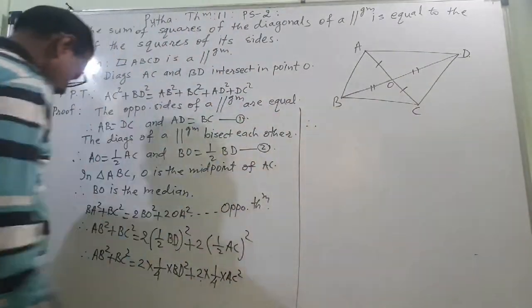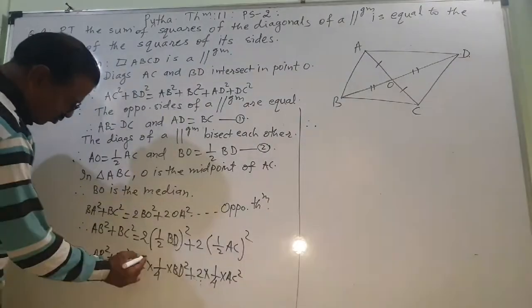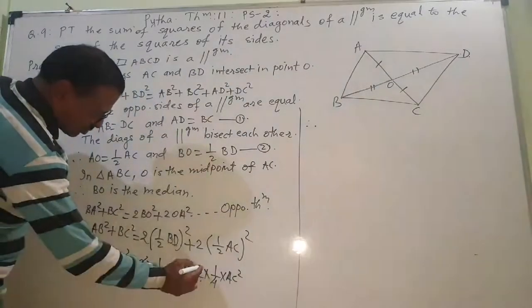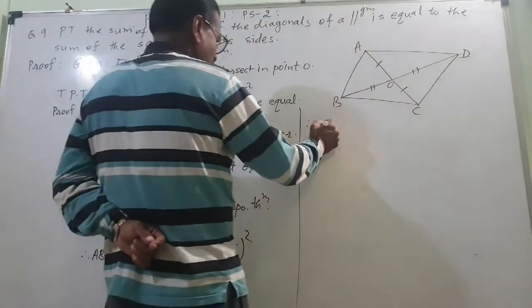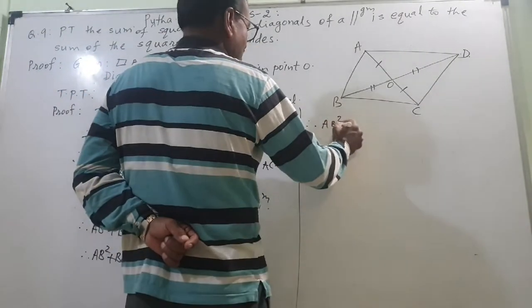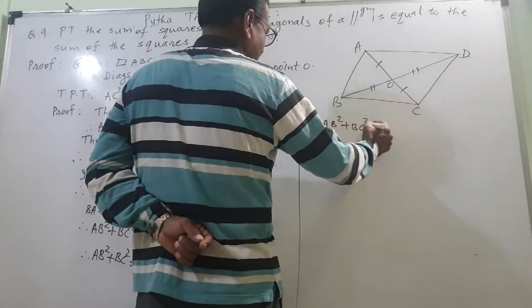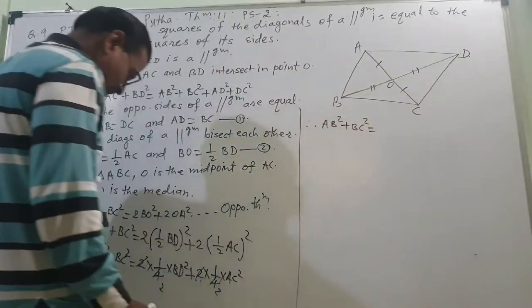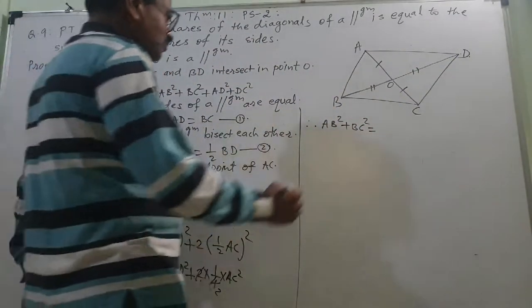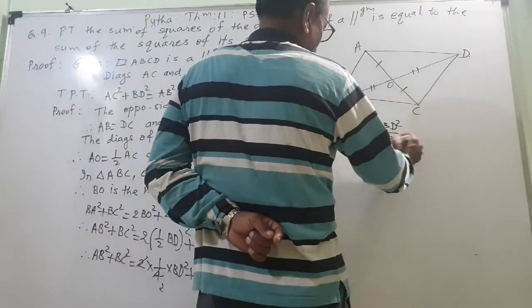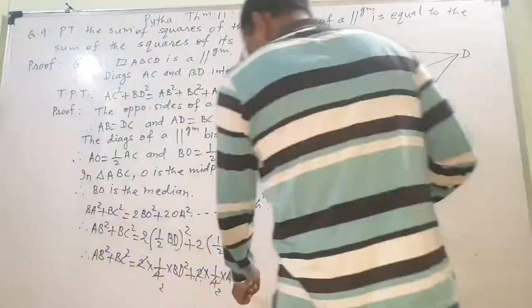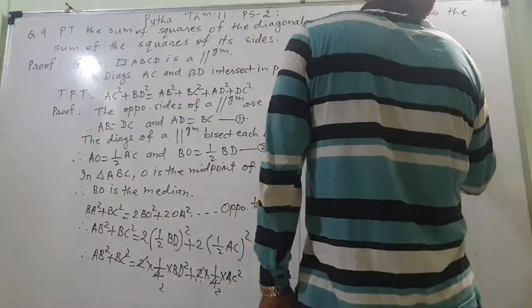Therefore, AB square plus BC square is equal to BD square upon 2 plus AC square upon 2.